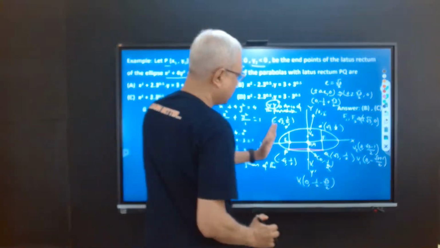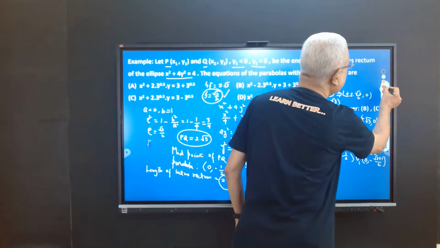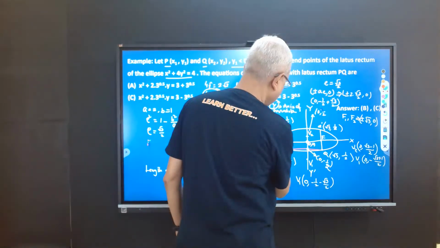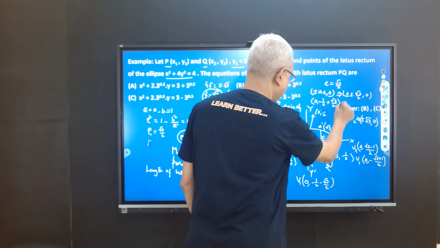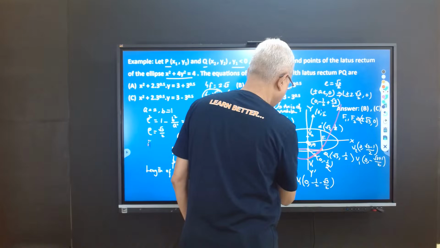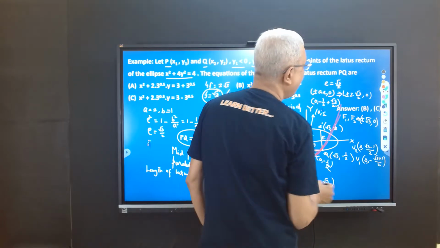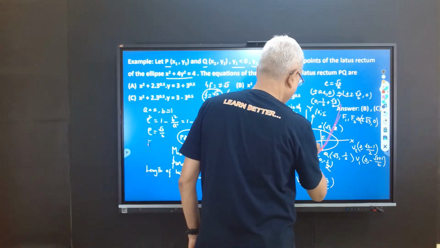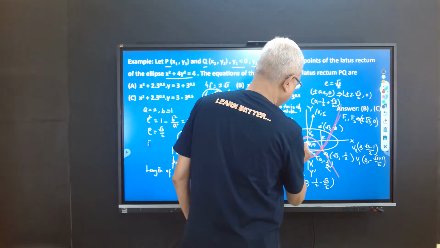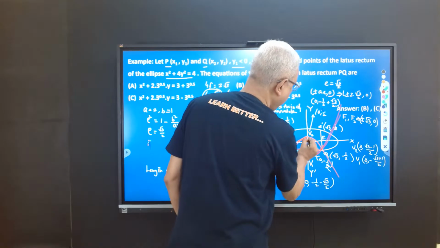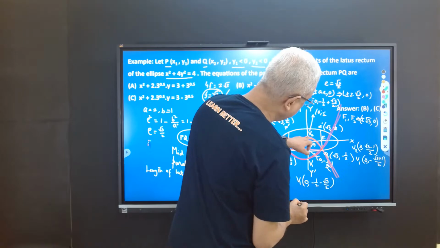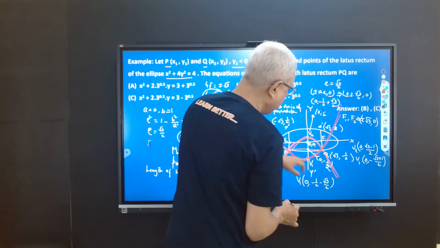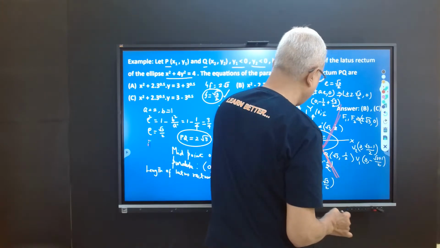Obviously, the parabola will look like either this, passing through Q, or like this. It can be this parabola with vertex at V2 and focus at 0 minus half, or this parabola with vertex at V1 and focus at 0 minus half.